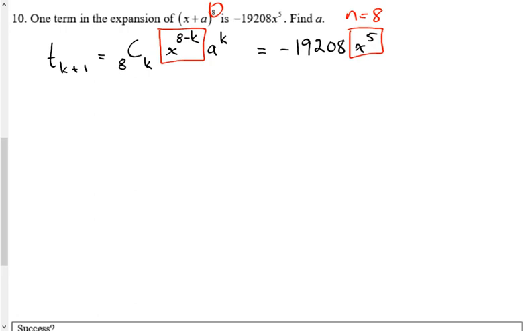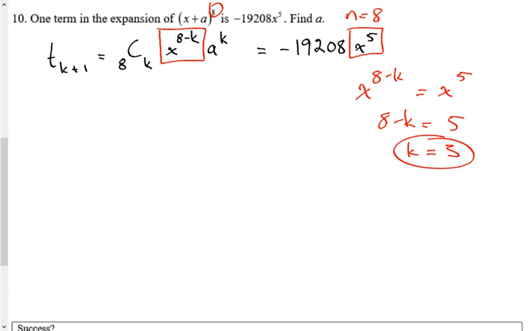So since my right side has an x to the 5th, my left side must also have an x to the 5th, which means x to the 8 minus k must equal x to the 5th, so 8 minus k equals 5, and my k value must be 3.